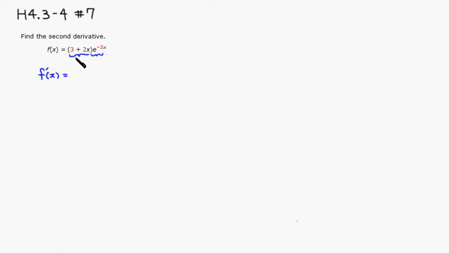Derivative of the first, 3, derivative of 3 is 0. Derivative of 2x is 2.